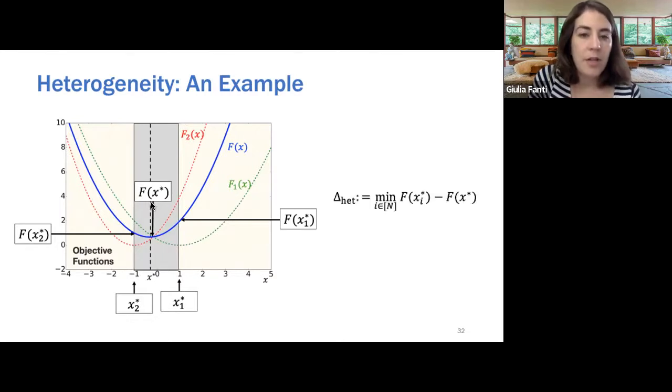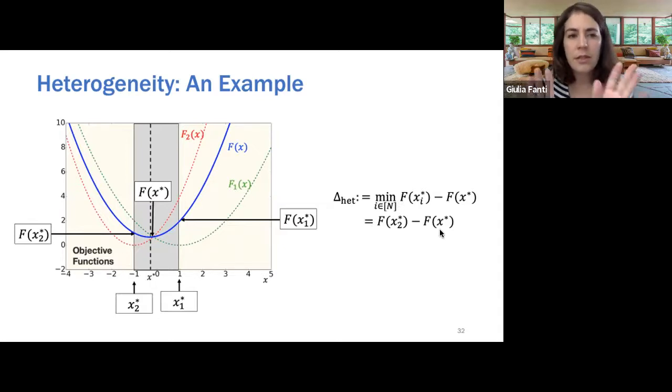Our new heterogeneity definition is going to take the difference between each of these two local points and the global optimum, and take the smaller of them. Because f of x2 star is lower, this evaluates to f of x2 star minus f of x star. So this is our heterogeneity definition.